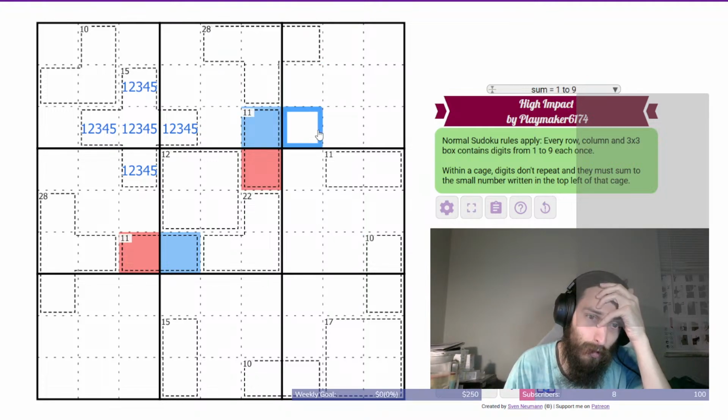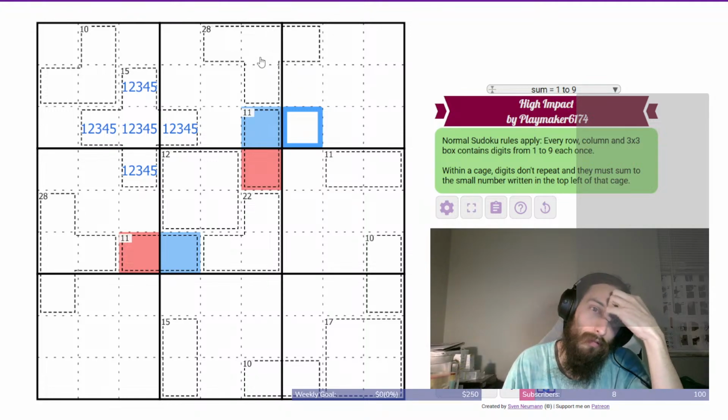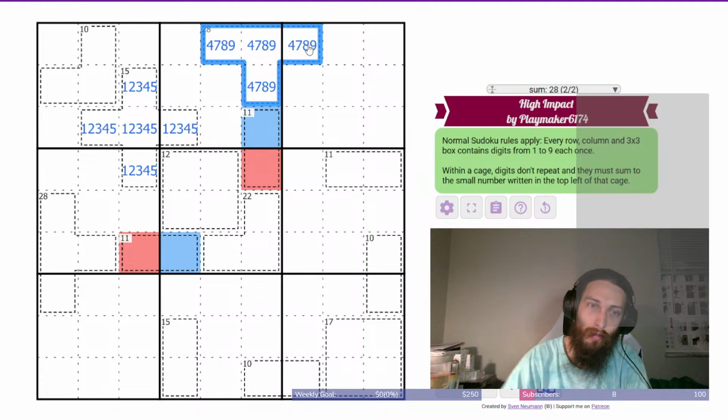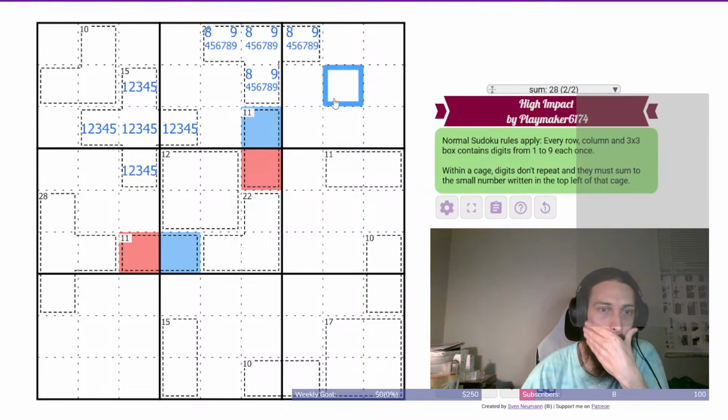28 in 4 has 2 options. Because you do 7, 8, 9, 4, which is 7, 8, 9, 24, and 4. And then you can squish the 4, 7 to be 5, 6. Right. We know 8, 9 is in there.